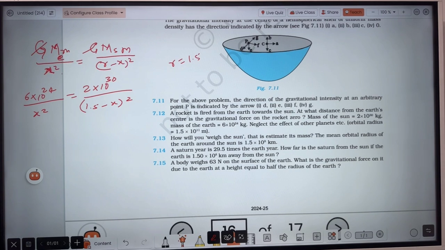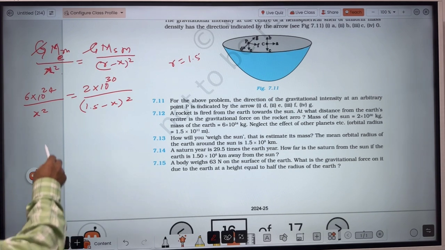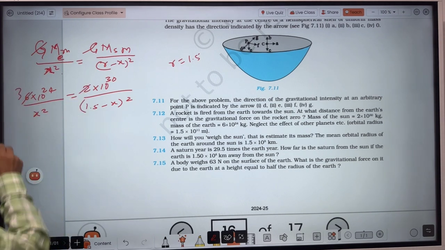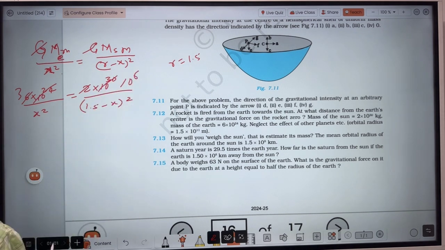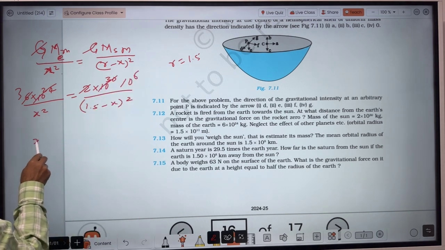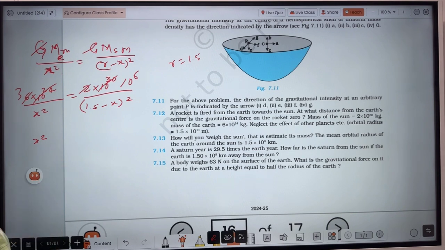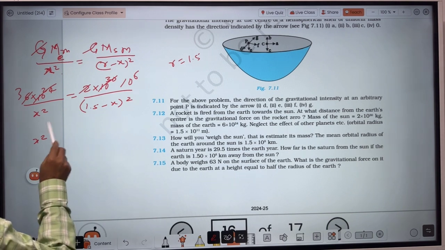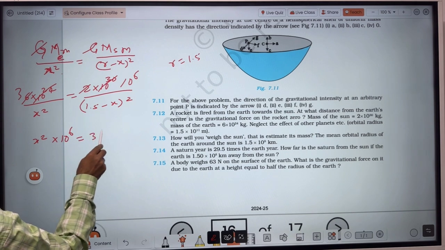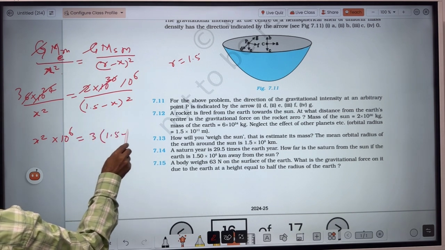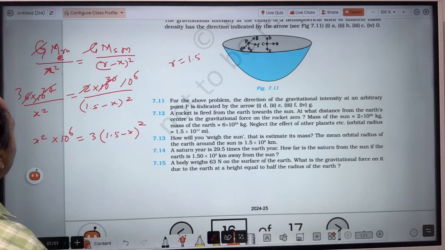Now what do you get? So 2, 3, 10 power 24, so 10 power 6 will be left. So X square times 10 power 6 is equal to 3 into 1.5 minus X whole square.